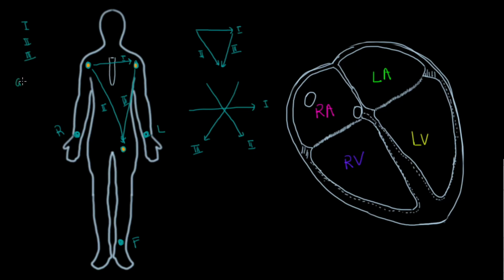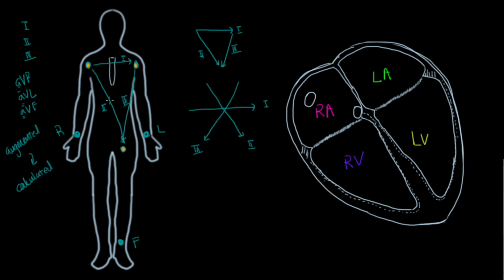We also have AVR, AVL, and AVF. What these A's mean is augmented. That's also another way to indicate that these leads are calculated based off of the other leads that we just had, leads 1, 2, and 3.